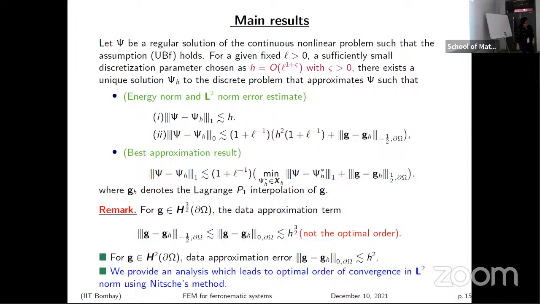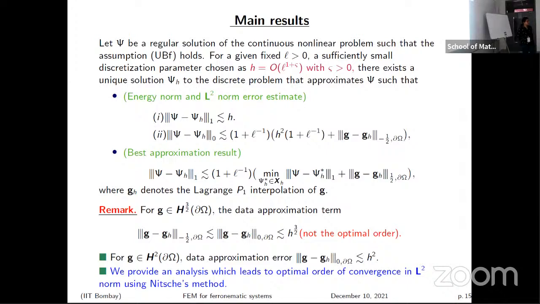But with higher degree it is not going to help. But we have g in H2, which means the solution is going to be 2 plus half. You are assuming higher regularity. Yeah, so then we can do this. That's fine.